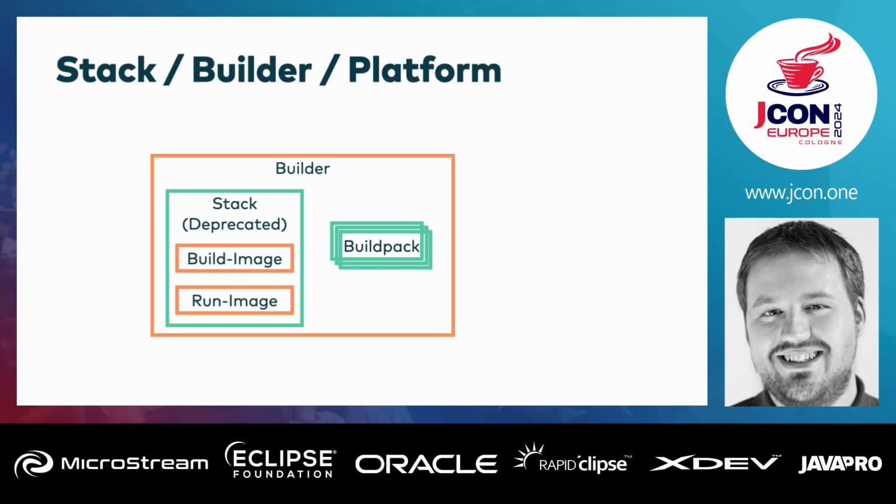Normally multiple build packs will be provided during your build, because every build pack does one very specific thing. For example, there's one build pack for installing your JDK, one for executing your Maven build.